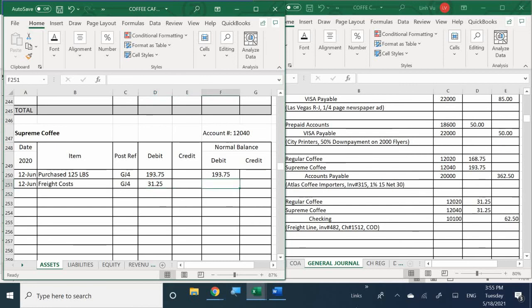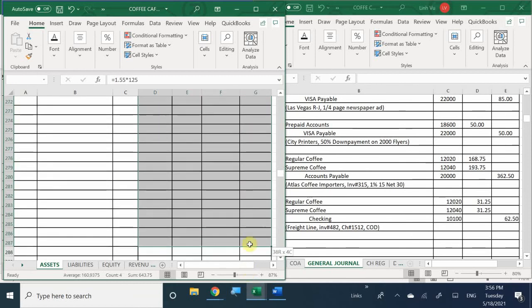So once again, the same formula applies: you take your previous balance, add any debits, subtract any credits, and now this account for my Supreme coffee should give me a grand total of $225. So once again, I'm going to format this.